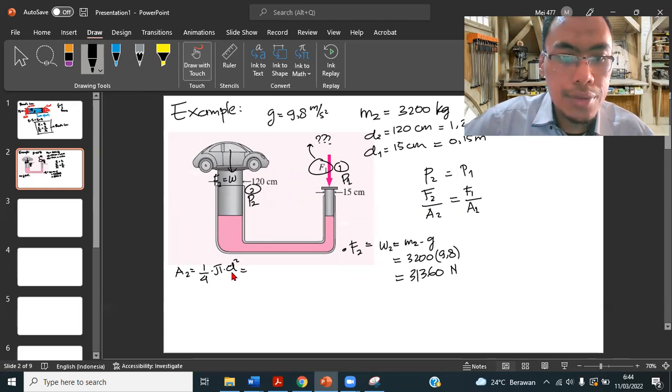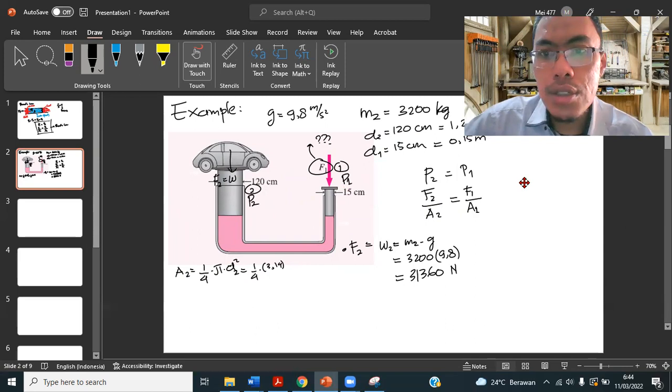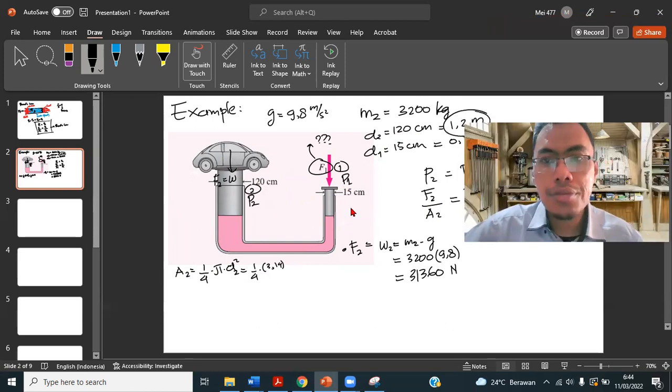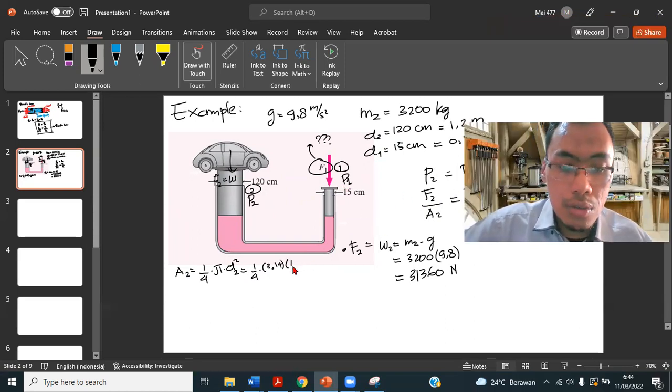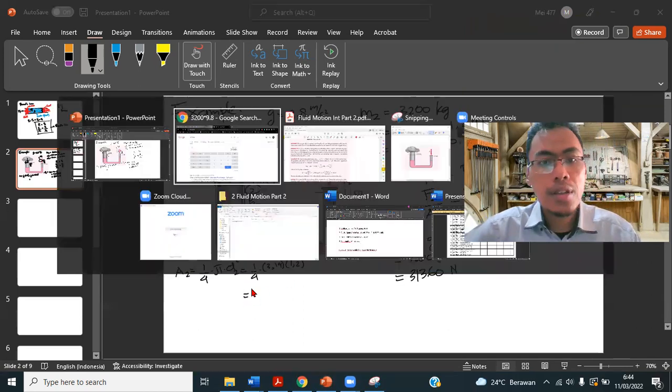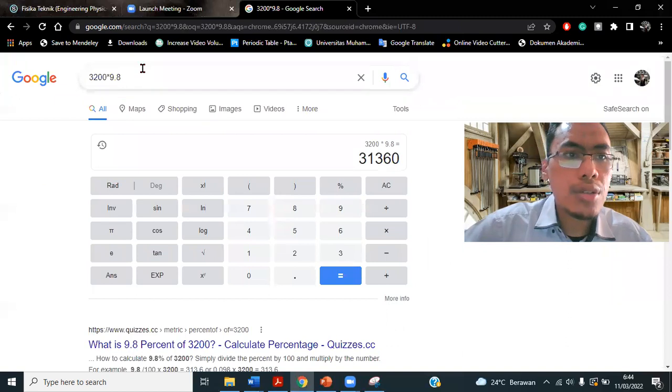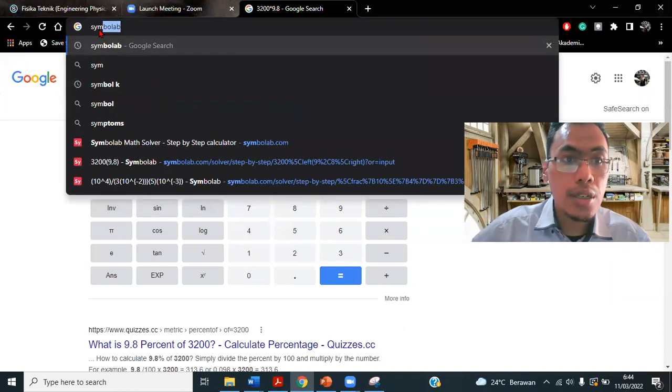This one must be D2. Pi is 3.14, times D squared, so 1.2 to the power of 2.